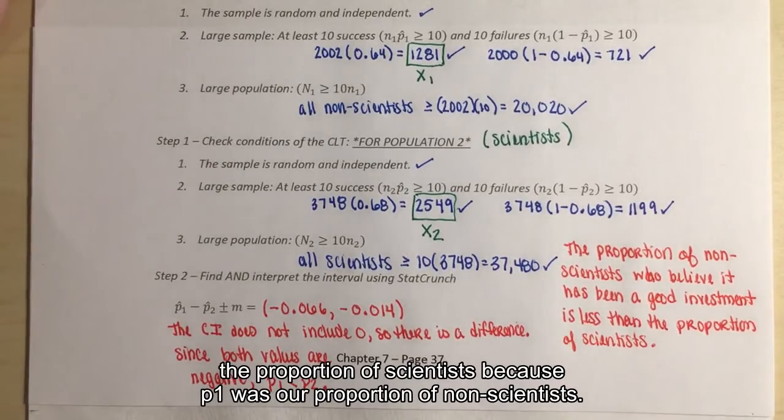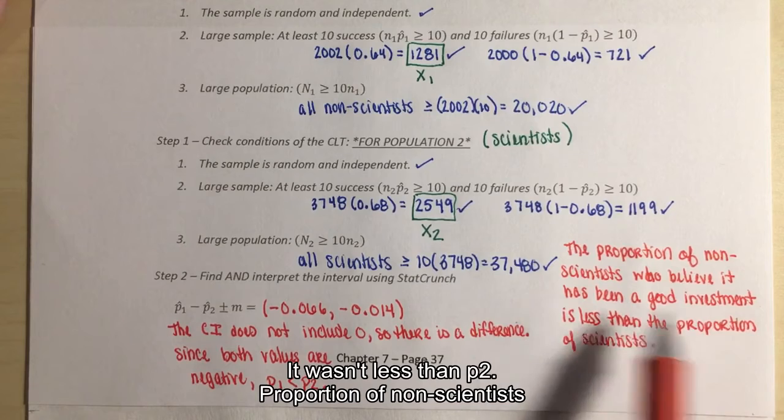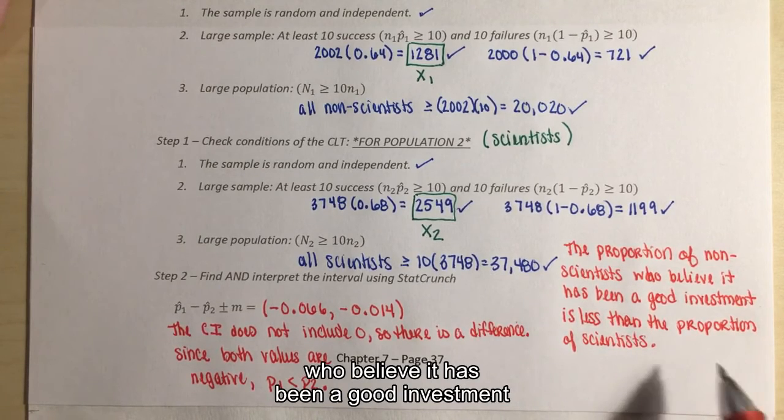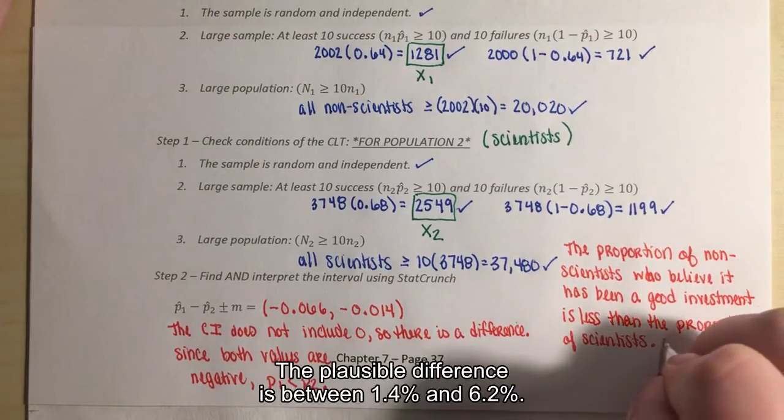Right, because p1 was our proportion of non-scientists. It was less than p2. So our proportion of non-scientists who believe it has been a good investment is less than p2, which is our proportion of scientists.